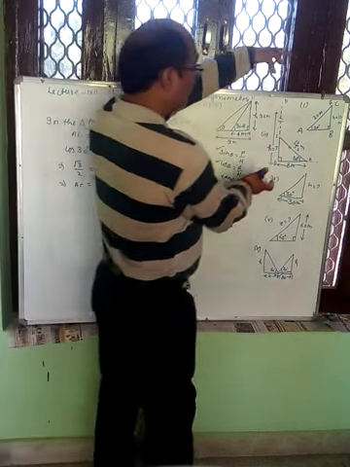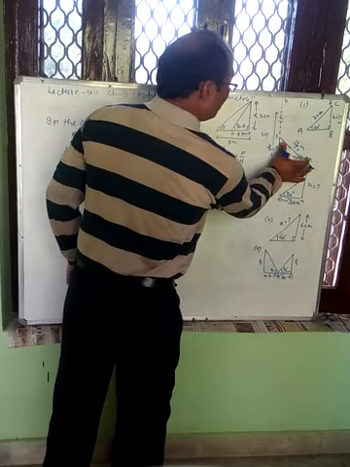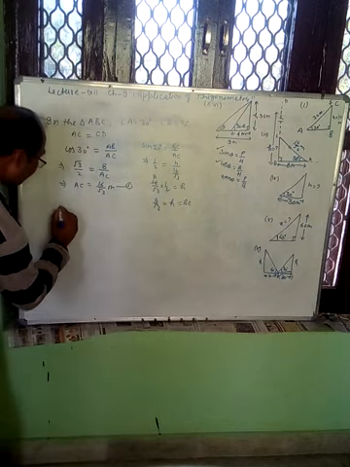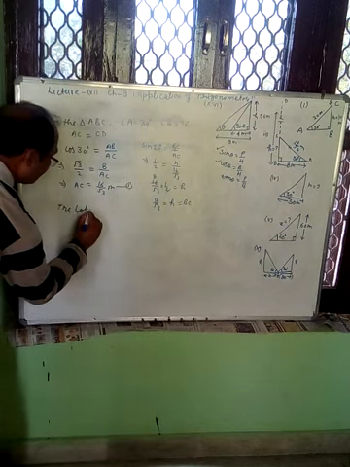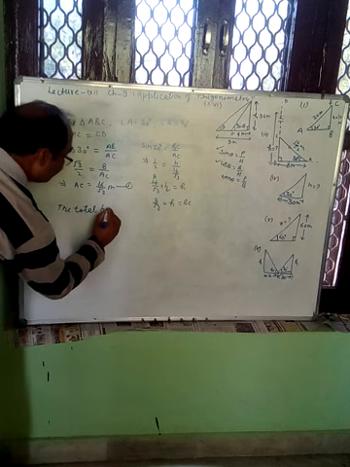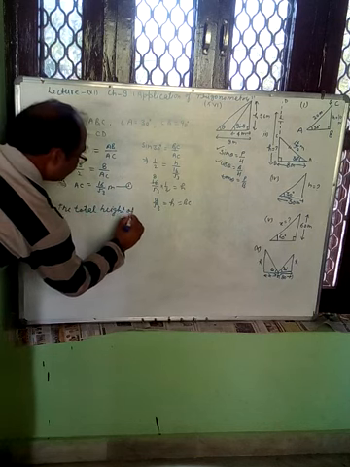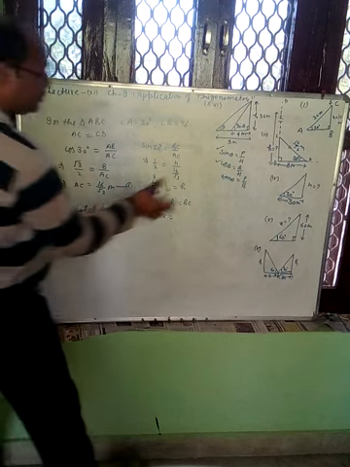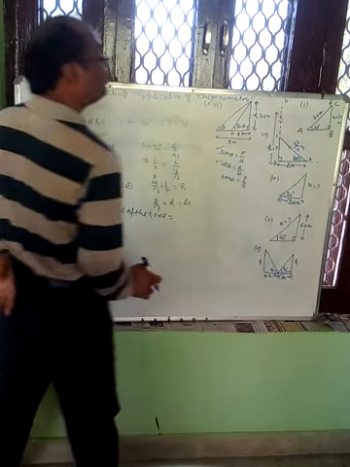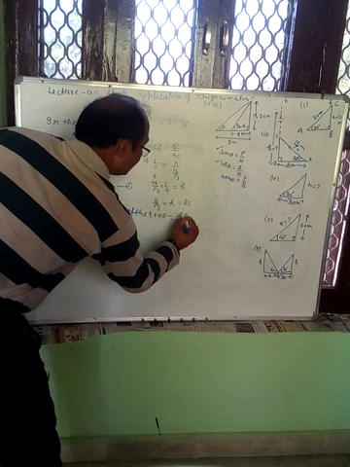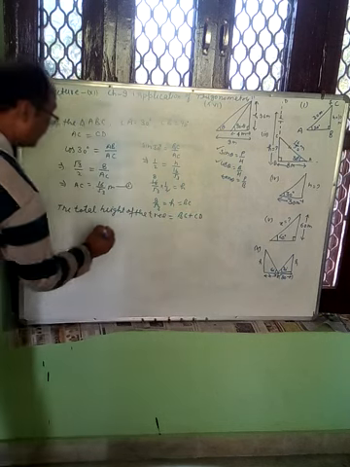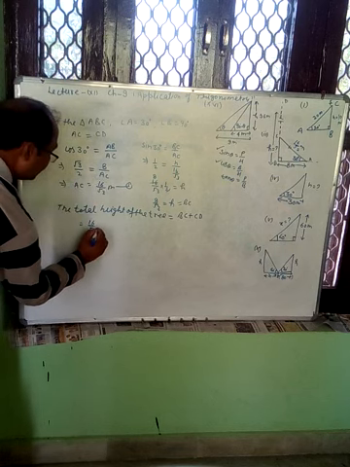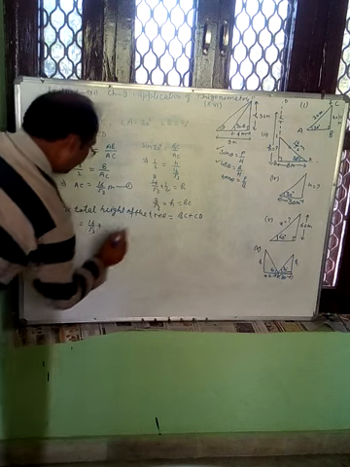Now the total height of the tree is this height plus this height. It means this is the upper part. Then the total height of the tree is equal to BC plus CD, which is 16 upon root 3 plus 8 upon root 3.